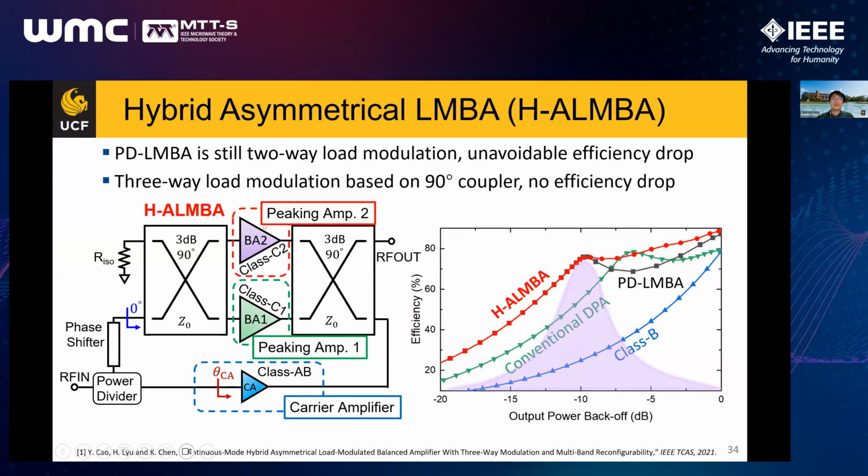So it creates an imbalance between those two balanced amplifiers and a hybrid load modulation behavior. We renamed it the hybrid asymmetrical LMBA, or HA-LMBA. Overall, it can achieve more enhanced efficiency with two efficiency peaks in the power backoff. In comparison with the PD-LMBA, it can further enhance the backoff efficiency, as indicated by this red curve.